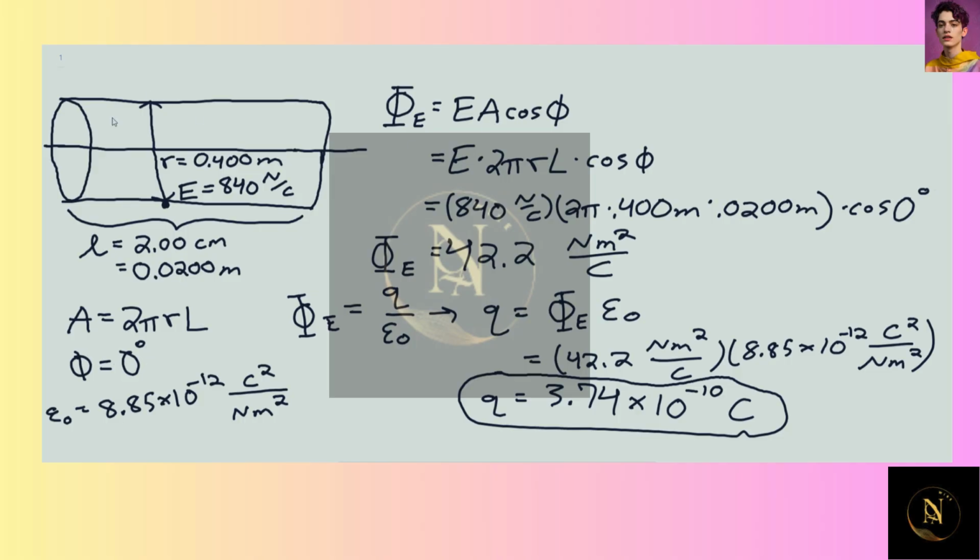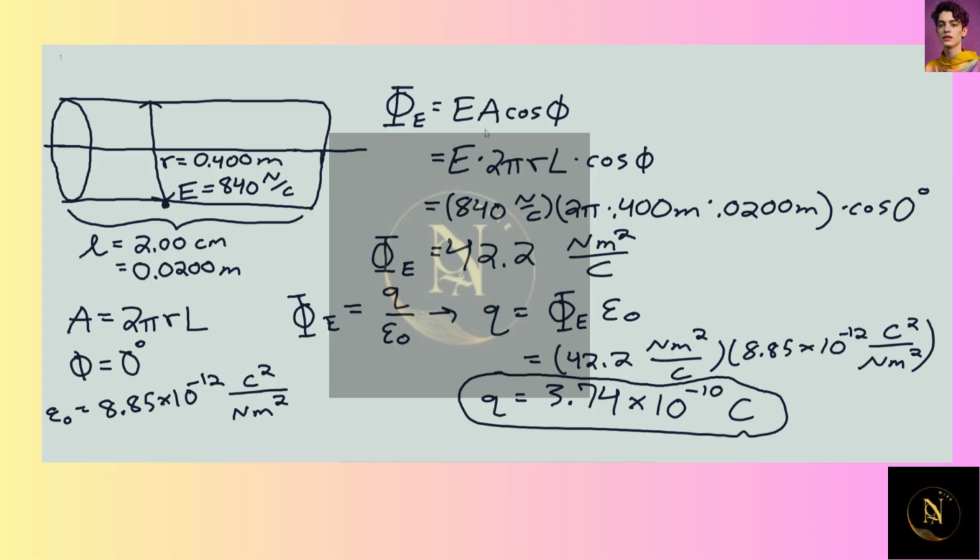The surface area, we're looking at the outside of the cylinder. So that surface area of the cylinder is 2 pi r times the length of the cylinder, which is L. I use the lowercase l here and a capital L here; they're the same length of the cylinder.